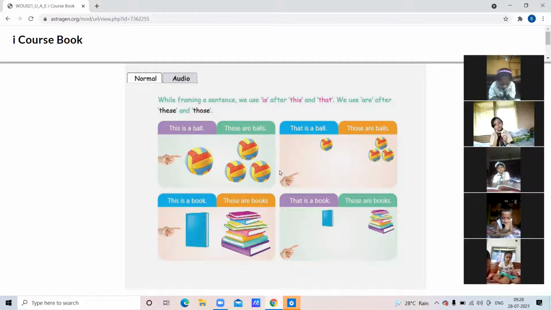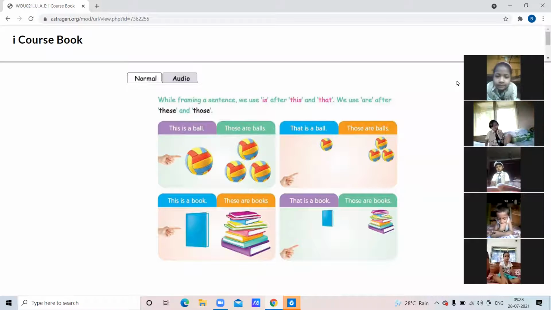These are books. Those are books. These are balls. Okay, Shreyosi. Very good, Shreyosi. Okay. Yes, Mahika. Now you say. Thank you, ma'am.